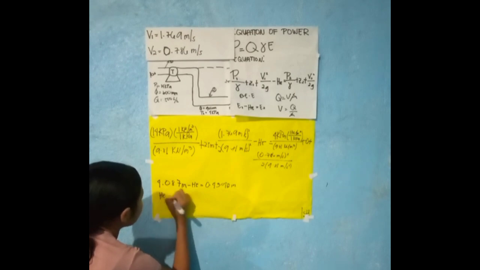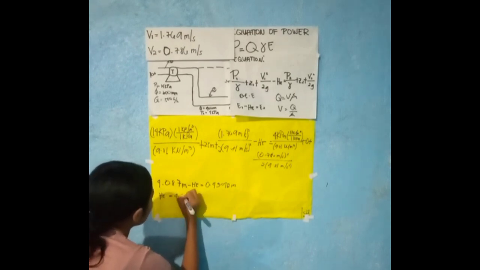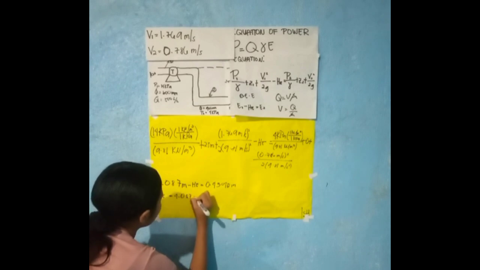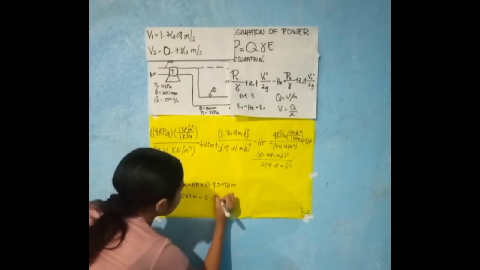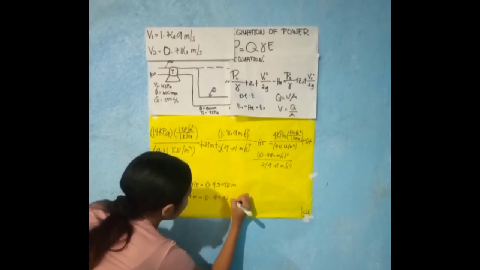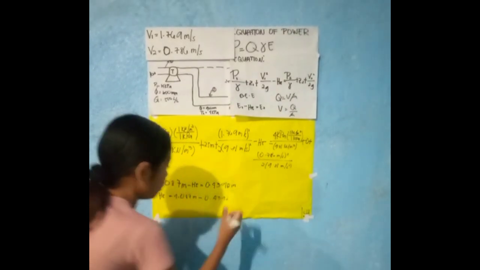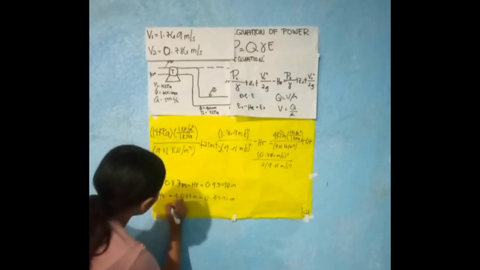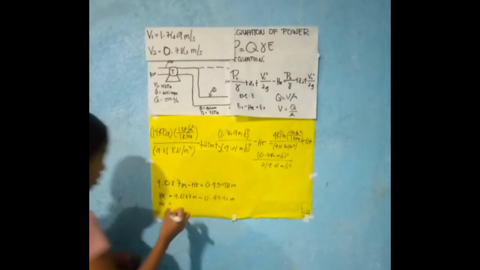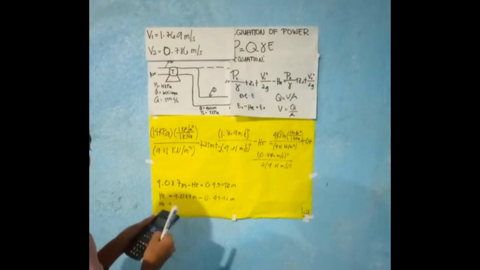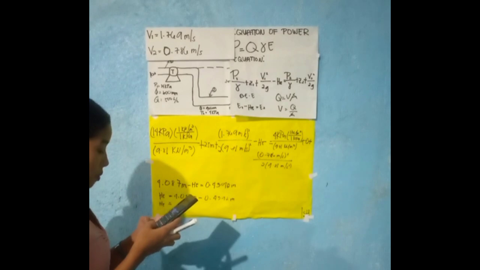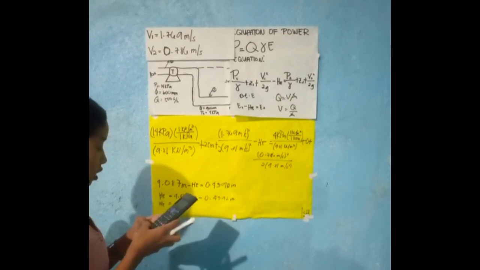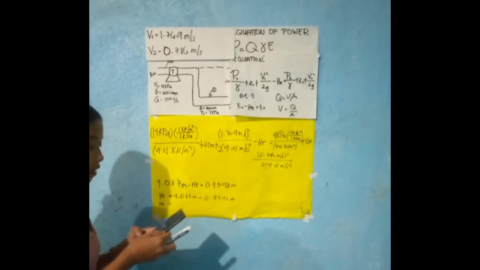HE is equal to 4.087 meter minus 0.4392 meter, which is equal to 3.65.